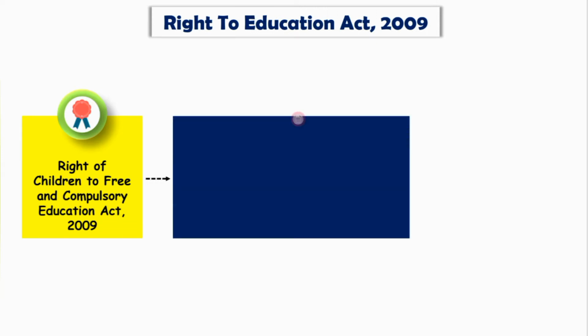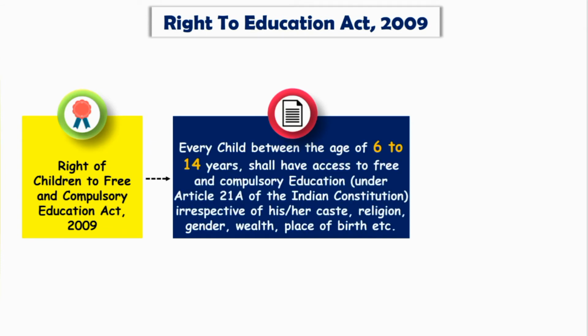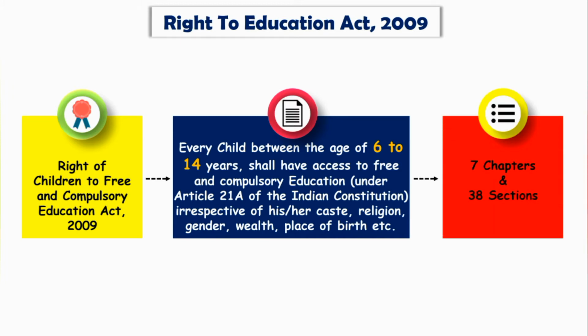This act says every child between the age of 6 to 14 years, irrespective of his or her caste, religion, gender, wealth, place of birth, etc., can have access to free and compulsory education. This act contains 7 chapters and 38 sections. We will discuss important points mentioned in each chapter.